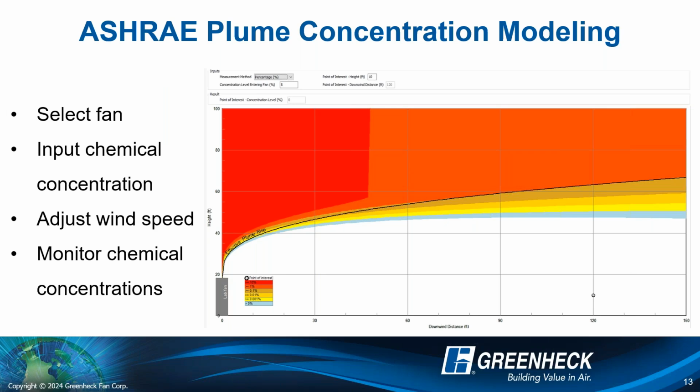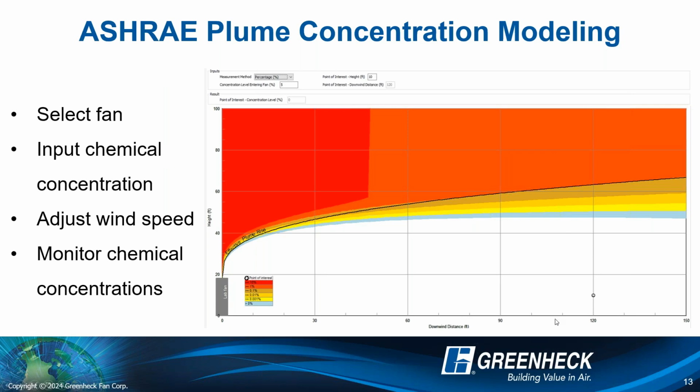You could go into the ASHRAE catalog and do all of these formulas, but we've embedded that as part of our program now, so you could take an introductory shot at making a fan selection and checking out what that plume concentration would look like. So we have the stack here on the left, and you can see the effective plume rise, that black curve coming out with different color bands telling you the amount of concentration of effluent, as you separate from the main stream of air coming out of the fan.